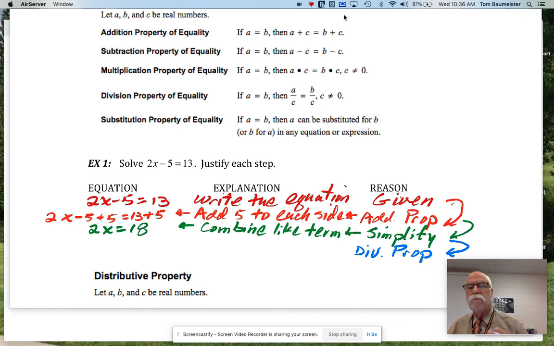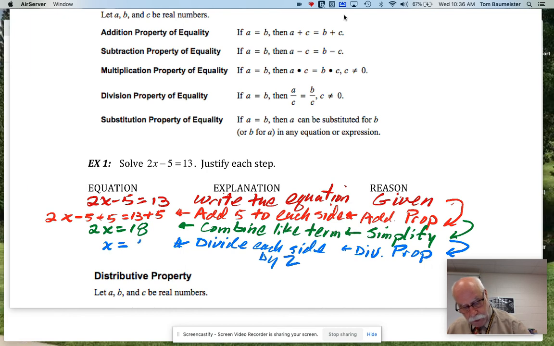You can abbreviate it if you need to. But again, what's that going to tell us? It's that we're going to divide each side by 2. And when we do that, again, we'll get that x is equal to 9.